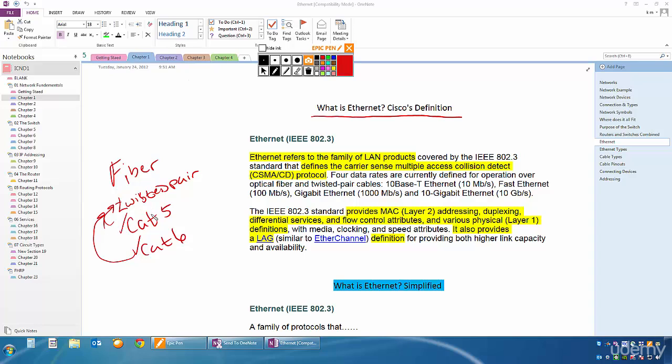We call them Ethernet cables because normally we use Cat 5 and Cat 6 to plug into our Ethernet ports. And since we're plugging that cable into an Ethernet port, we call it an Ethernet cable. But we don't call it Ethernet fiber, do we? Even though we're running Ethernet over fiber cables.